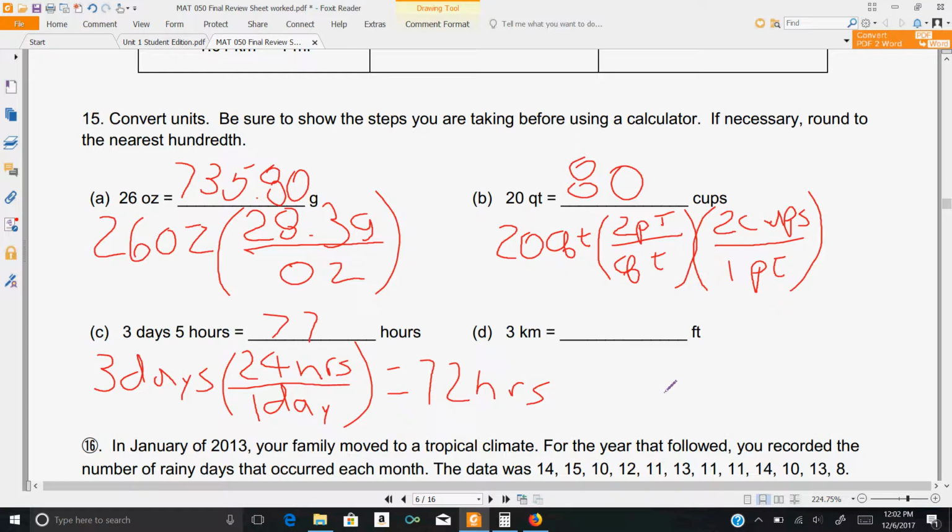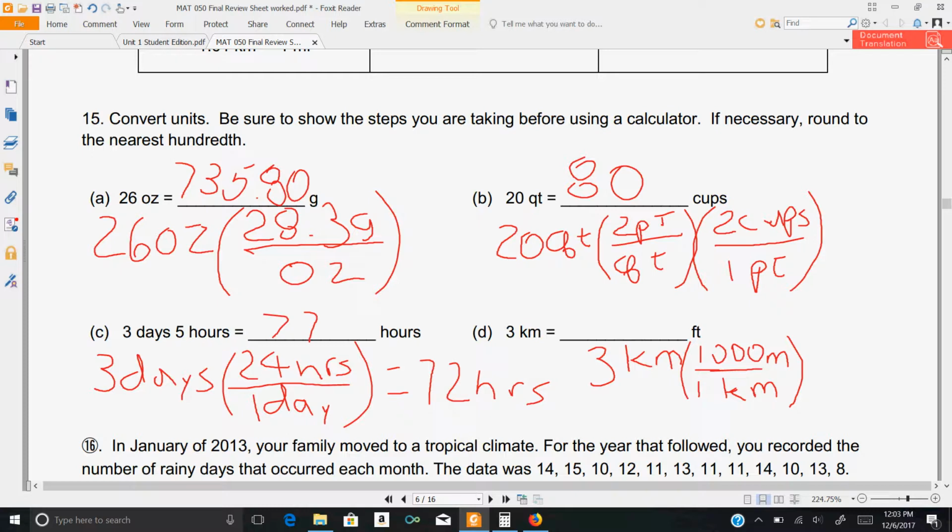And 3 kilometers, change it to feet, not to 1 foot. So I'll start with my 3 kilometers, and change it to feet. 3 kilometers I need to change to meters. I'm going to multiply by 1,000 meters per 1 kilometer. K in the metric system always means 1,000.